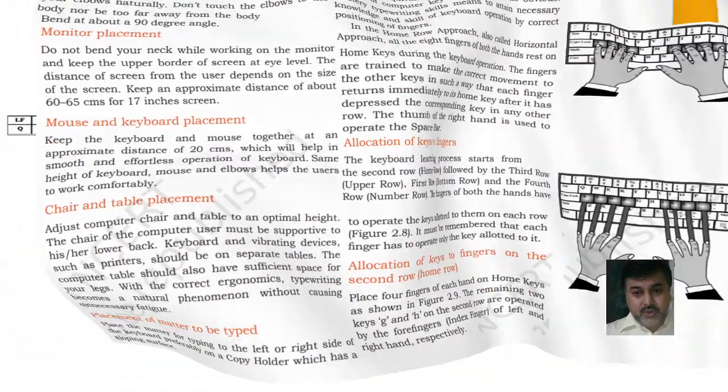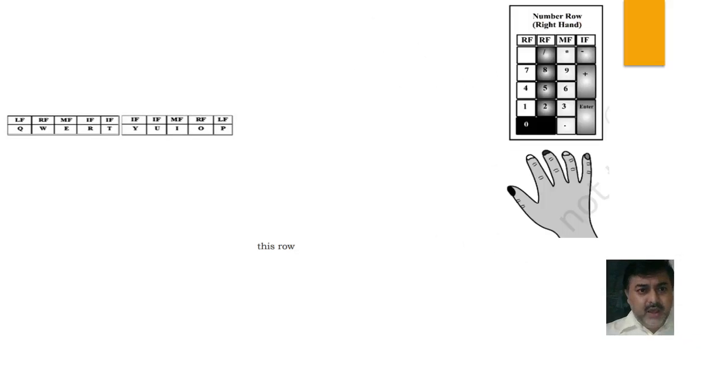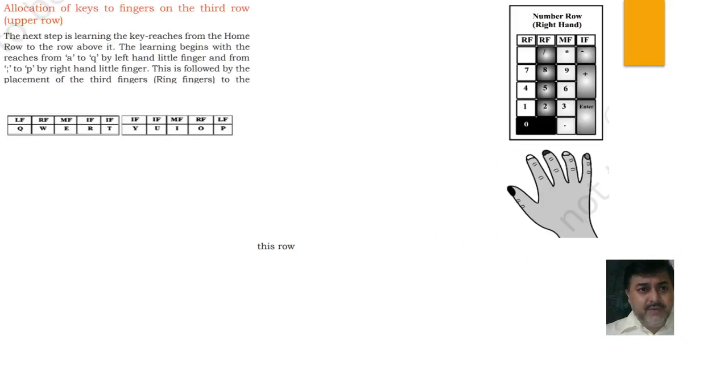Fine. So we can see here the values I have given, like how the top row position and third row position should be, with the left finger, right finger, middle finger, then index finger, then again index finger. So see: index finger, middle finger, ring finger, little finger.